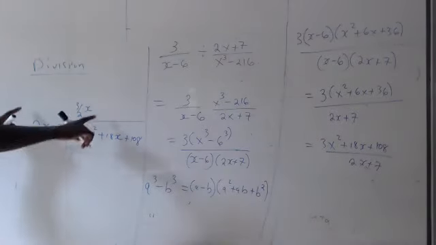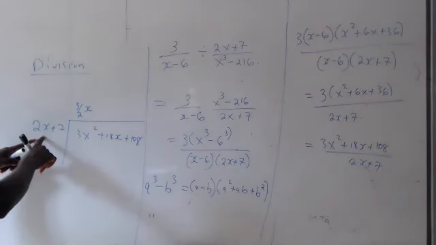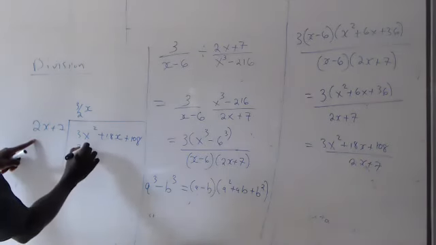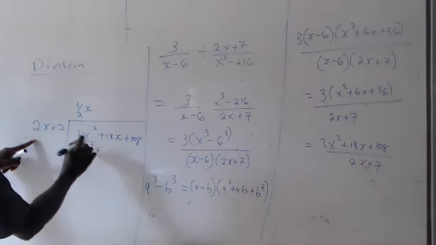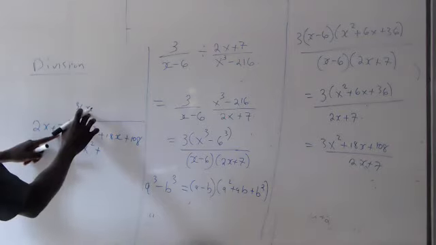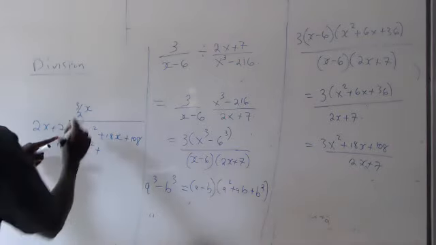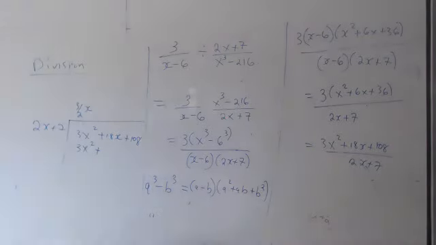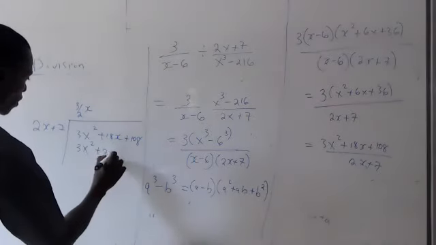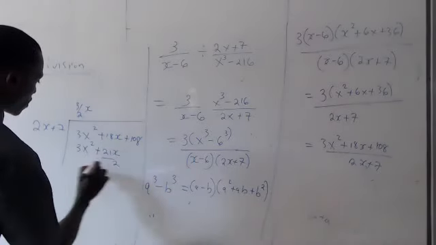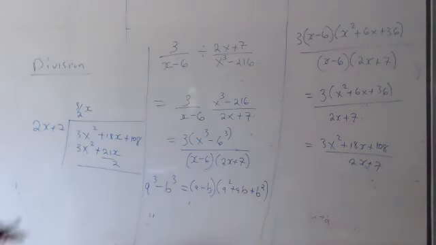Then take 3 over 2 x multiplied by 2x plus 7. So this gives you 3x squared plus 3 over 2 times 7, what would that be? That will be 21x over 2. Then subtract from 3x squared, that's 0.